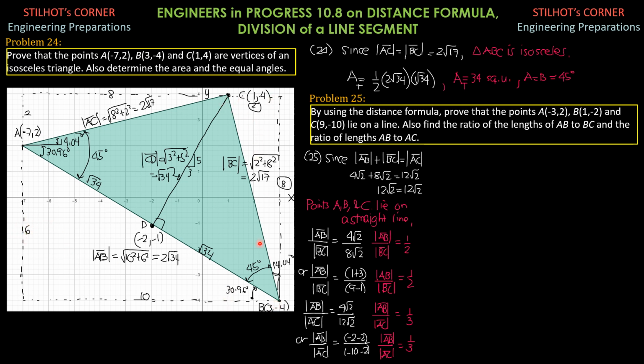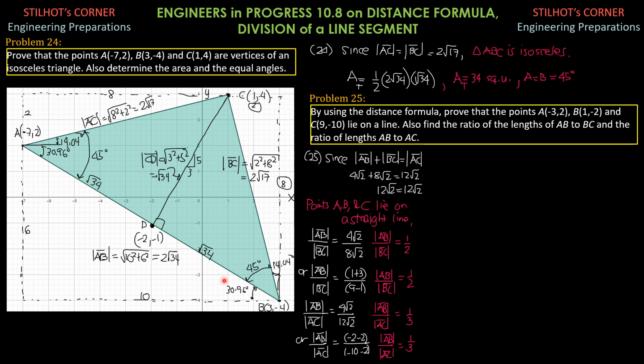And finally, for this right triangle, upper y 4 minus lower y -4, so 8. Right x 3 minus left x 1, so 3 minus 1 is 2 units.